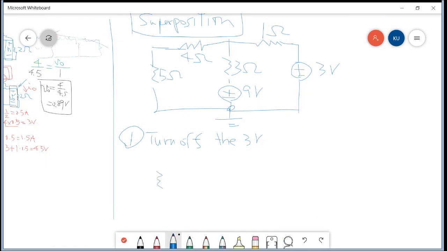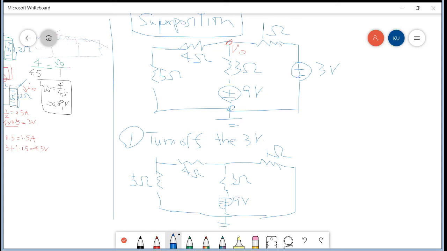So we have 5 ohm. What do we need to calculate? We would like to calculate VO for this circuit. So 5 ohm, 3 ohm, 9 volts, 1 ohm, and the 3 volt is a short circuit. You can regard it as 0 volt.